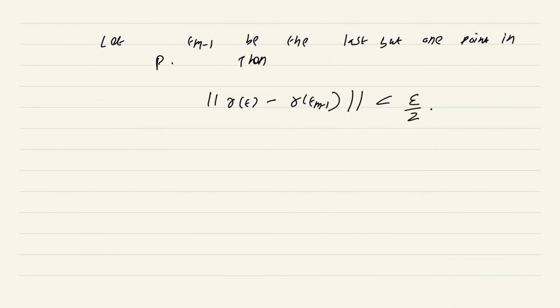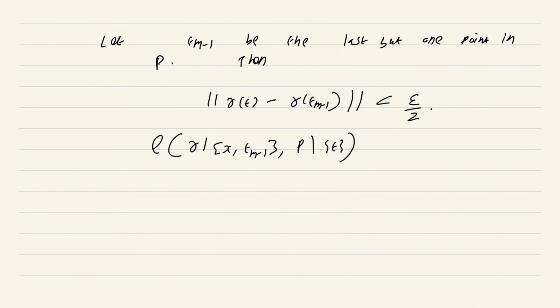Okay. Now what this means is that if I consider the length of the curve gamma up until the point t_{m-1}, the last but one point, and I take this special partition P minus the final point t, this will obviously give a partition of [x, t_{m-1}].